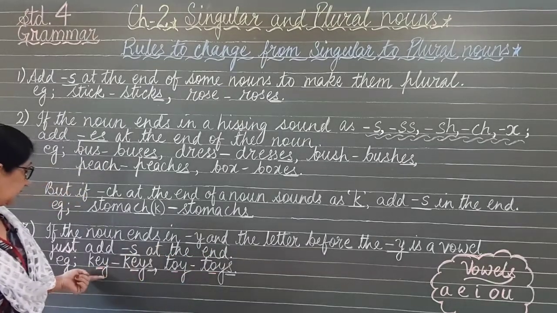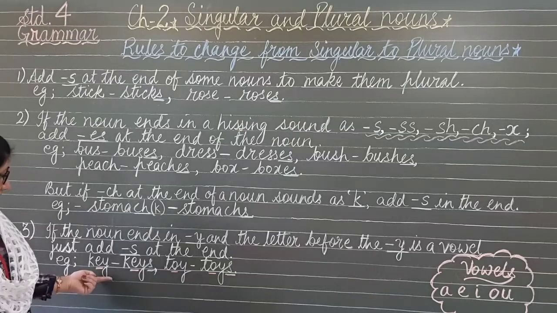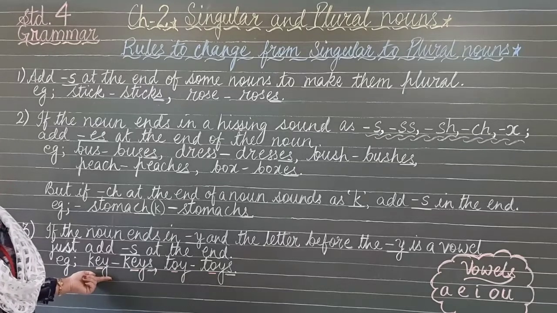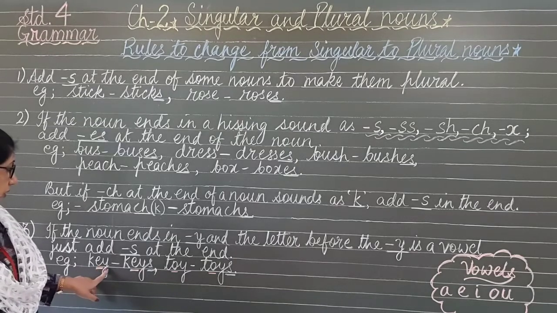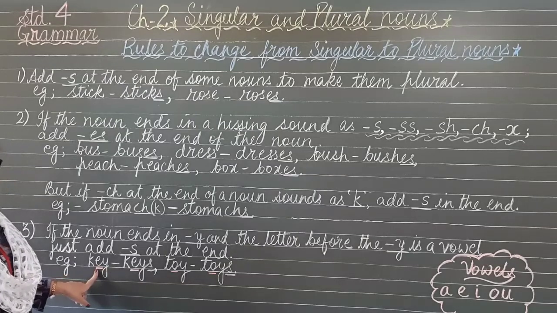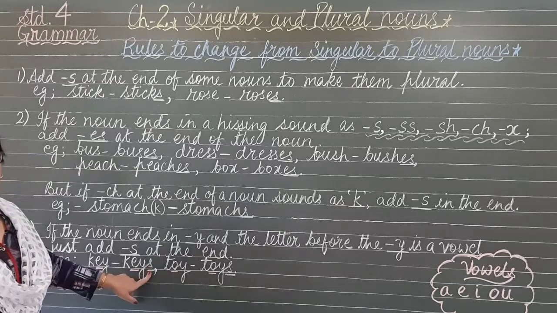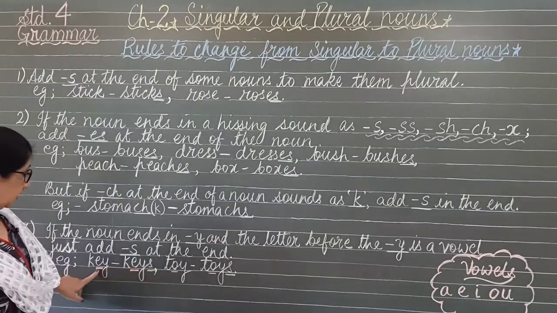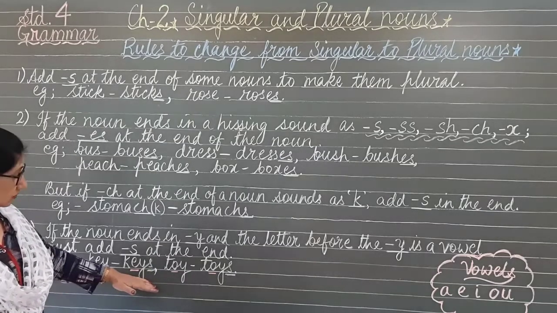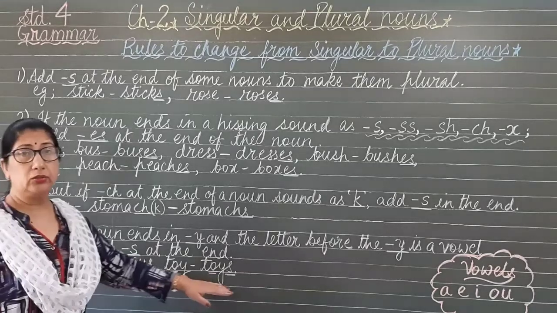For example, key. We can see it ends in y, but there is a vowel before y. E is a vowel. Okay. So we have to add only s at the end of the word. So key, keys.